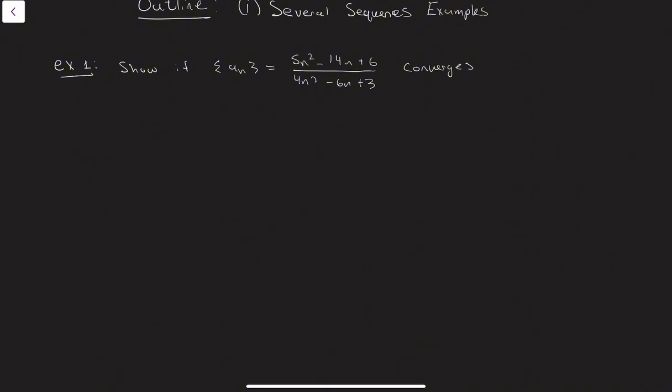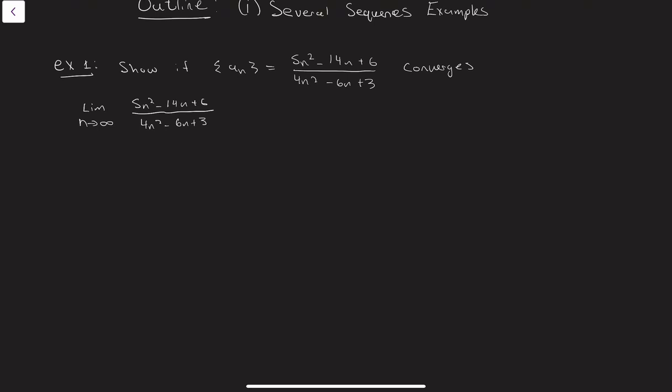If you recall, to find if a sequence converges, we need to use its limit as it goes towards infinity. So we'll say the limit as n approaches infinity of 5n squared minus 14n plus 6 all over 4n squared minus 6n plus 3.